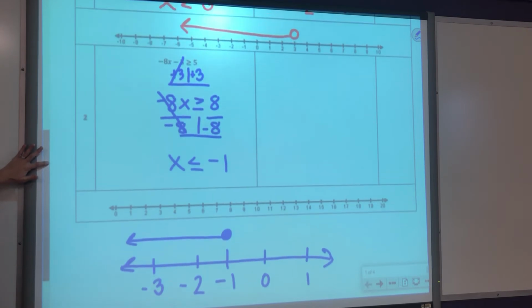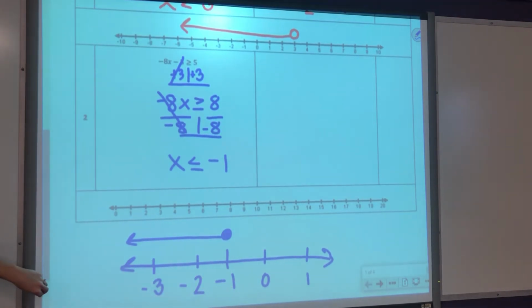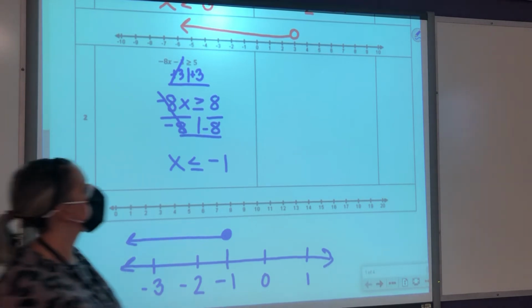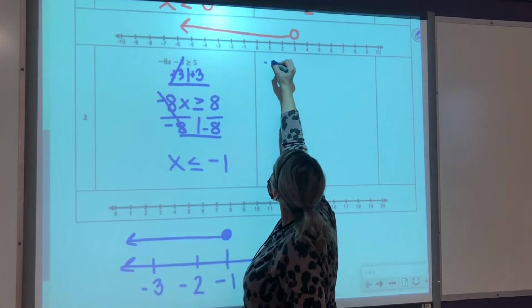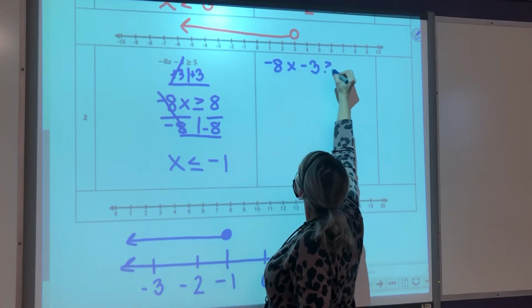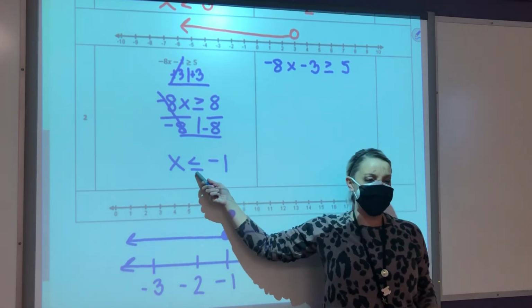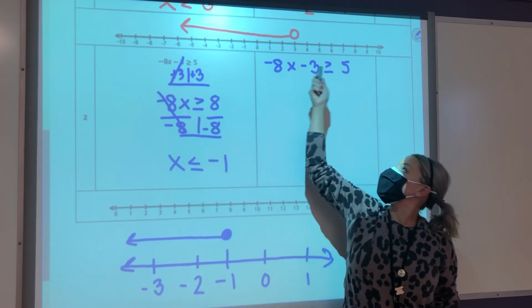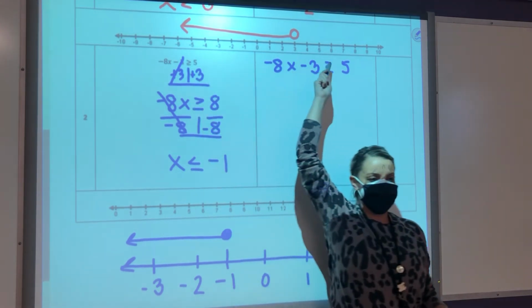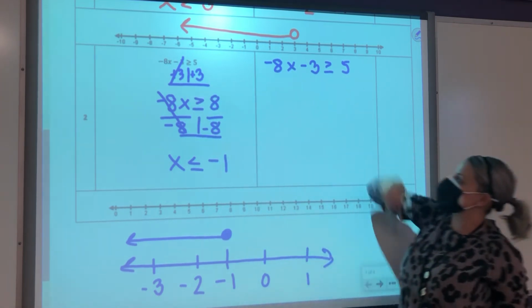Now, when I go to check it, I can use any of these values. So let's rewrite. Even though I reversed my inequality symbol down here, it stays the same at the top. My problem needs to stay the same, it doesn't flip-flop.